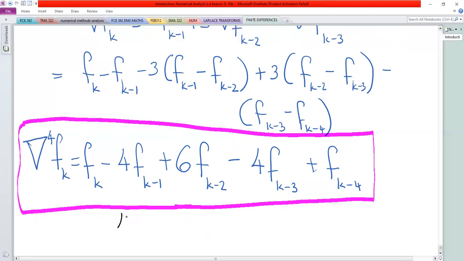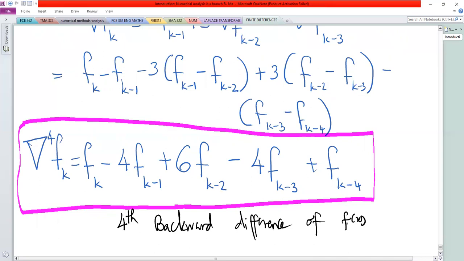Fourth backward difference of f of xk, or f of x.